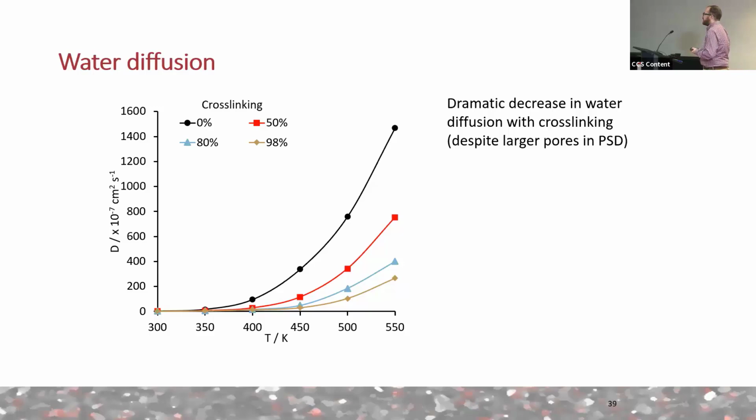So for 98% cross-linked, your diffusion coefficient is much less than your 0% cross-linked. So why? The answer is actually it's governed by the polymer mobility. So it's the flexibility of your coating and the movement of the polymer that's the key factor in the water diffusion, not the pore size distribution.